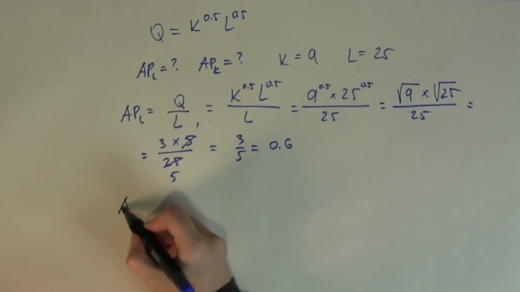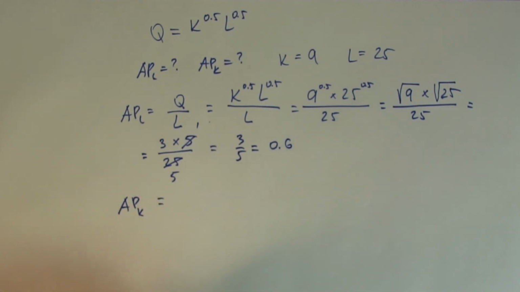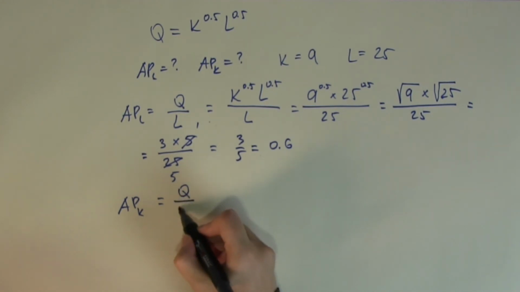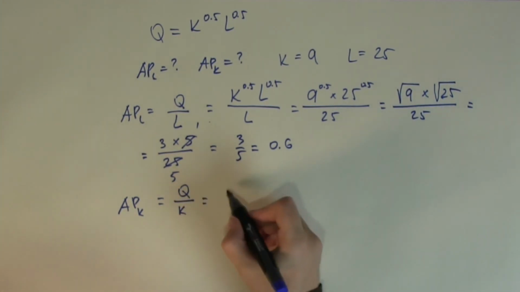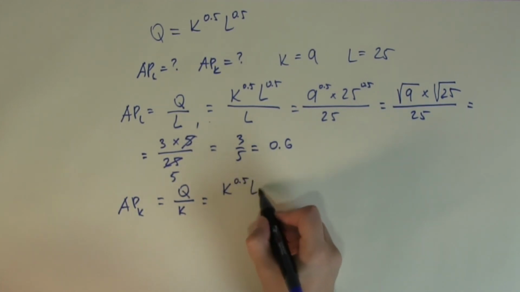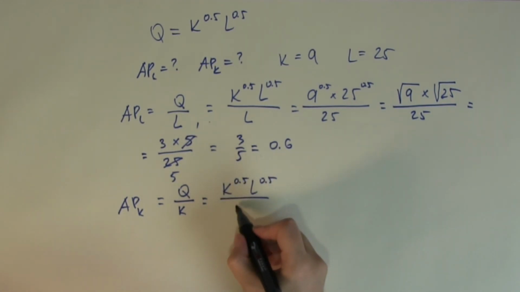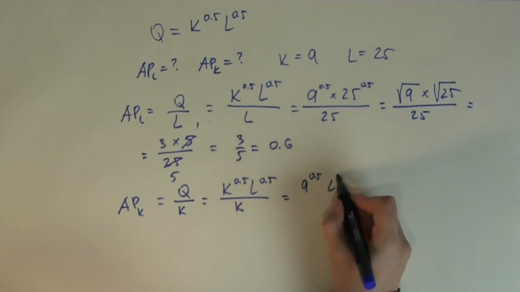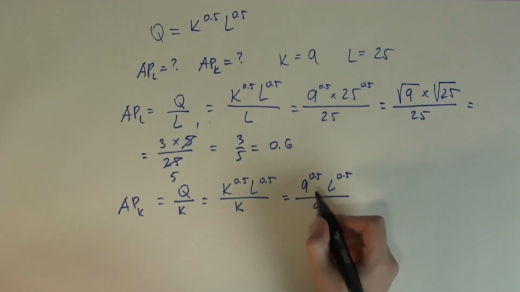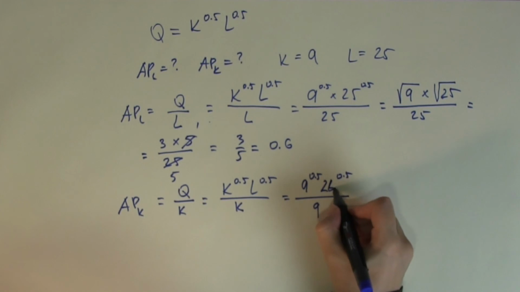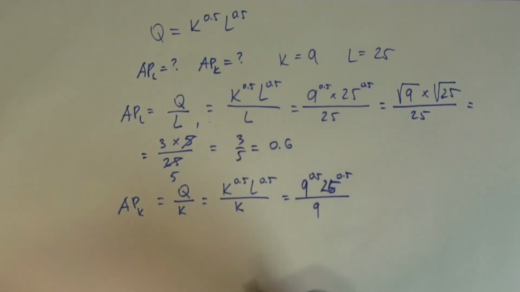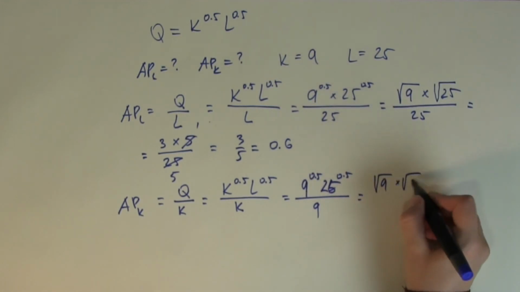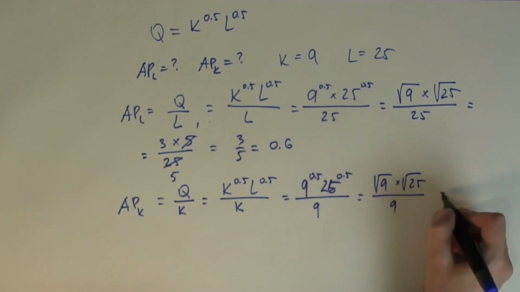The next question is the average product of capital. That is very similar, but it can be calculated by dividing the output by K. So the first part is the same, but the bottom now becomes K. So with the number values, the top is exactly the same, root 9 times root 25 divided by 9.